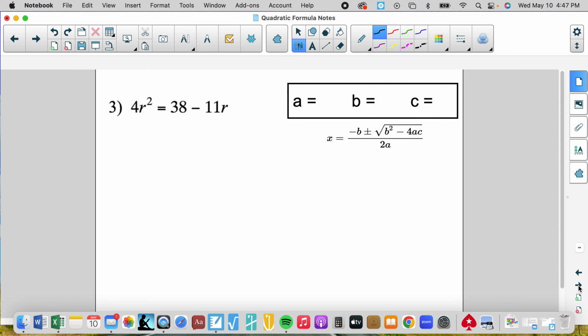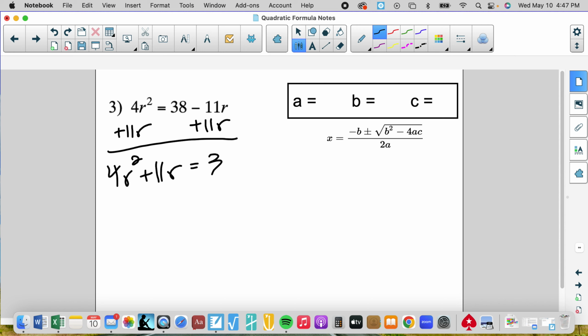Oh, whoa. What do we notice? We notice that it's not in standard form. So my r squared, whatever my squared value needs to be positive, and it is positive in this, so I'm going to move everything else over here. So how do I get rid of the negative 11r on the right side? With a positive 11r. That gives me 4r squared plus 11r equals 38.